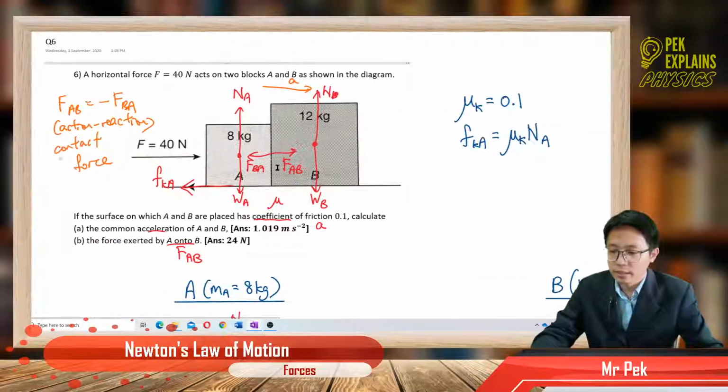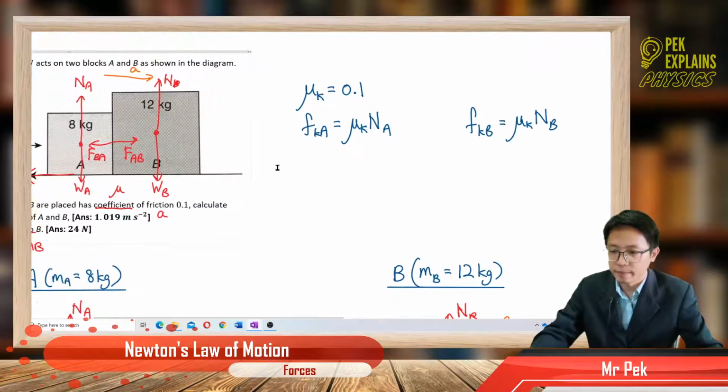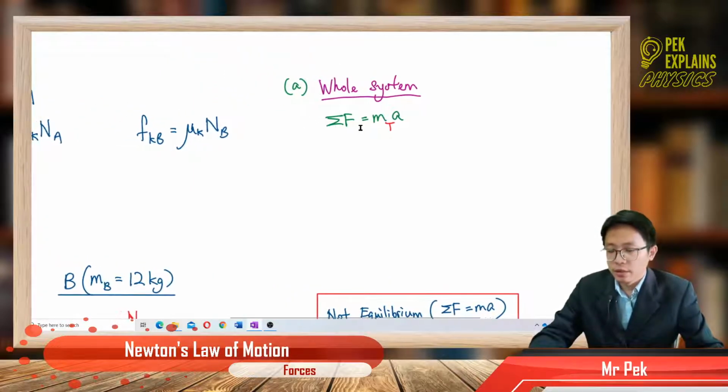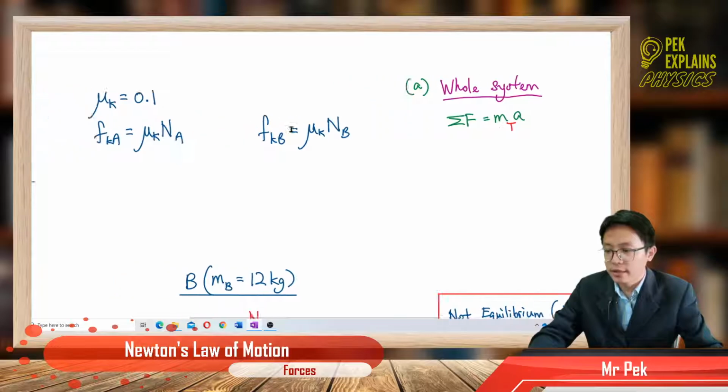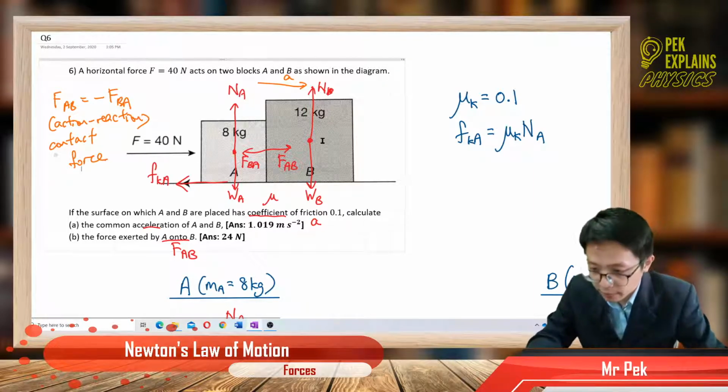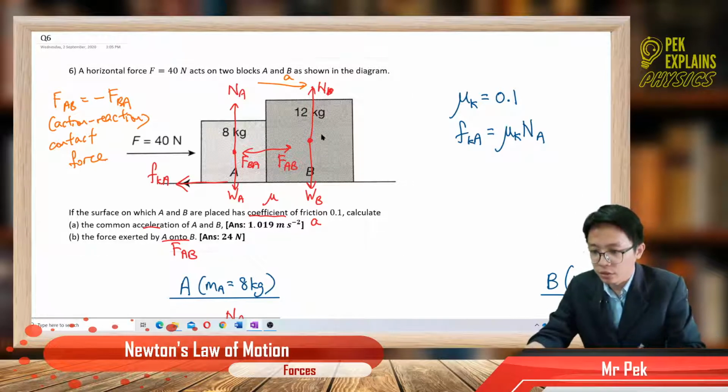So we just use total force equal to ma. Acceleration is only in the x component. So in the x component, what forces do we have? We have the external force, 40 Newton. We also have the friction. Oh, I forget about friction here.